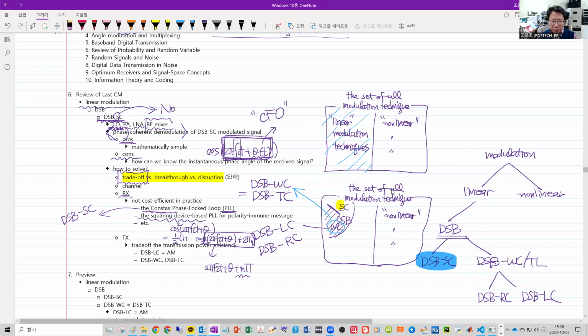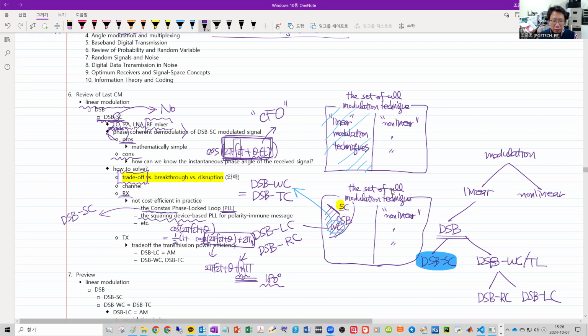This means that after you square the received signal and try to extract the phase angle information, you may have some 180-degree ambiguity at the output. Of course, in a lucky situation, you may have an integer multiple of 2 pi, but you may have an odd number n. In that case, your message may have a polarity change.